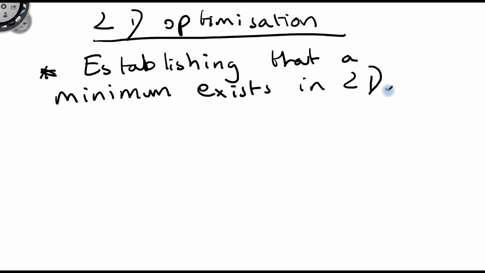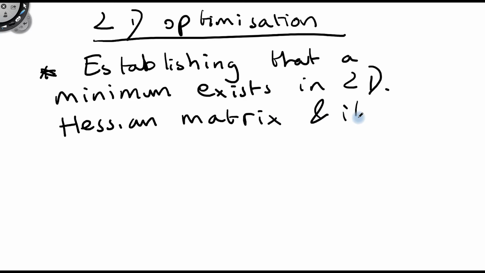And the main tool for that ultimately is the Hessian matrix and its eigenvalues. We're going to do an example of that to finish off that section.